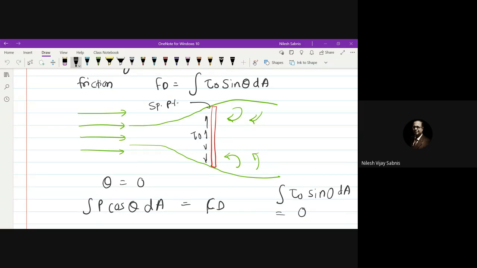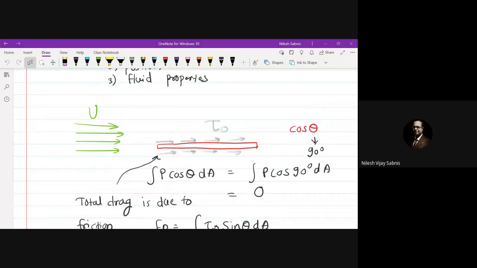If the plate is held at an angle other than 90 or 0, then it will be a combination of both, and total drag will depend on pressure drag and friction drag. These two conditions you should remember from the point of view of the exam. Only friction drag will happen when the plate is in the direction of flow.